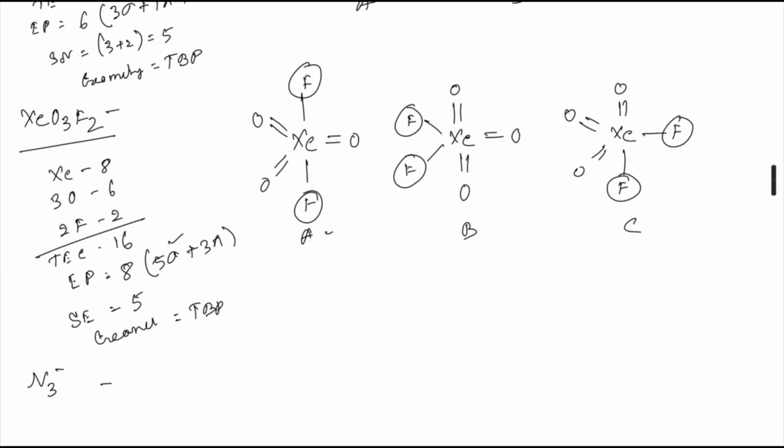But in case of B and C, oxygen is in axial position, so interactions will be stronger at 90 degrees. So this will not be favorable, and this one will also not be favorable.